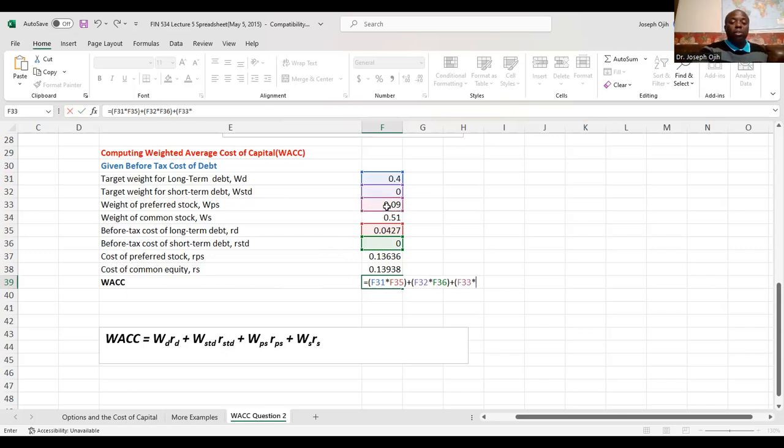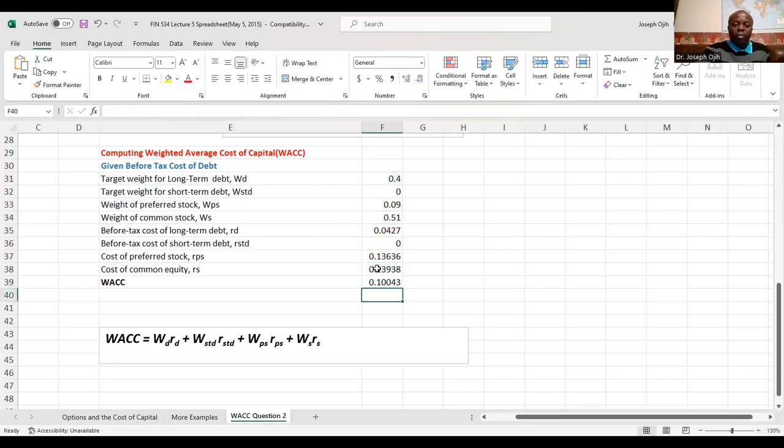Times the cost of preferred stock, right here. Close it. Plus weight of common stock, this one here, times cost of common stock. You can call it common stock or common equity. Close the parentheses. Then when you press the enter key, it will give you the weighted average cost of capital for this company. So I press the enter key.